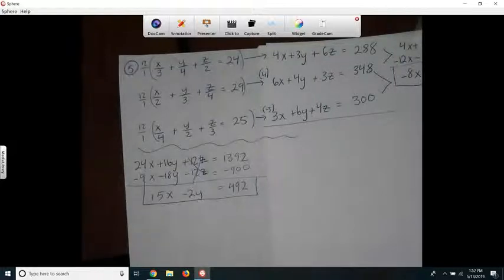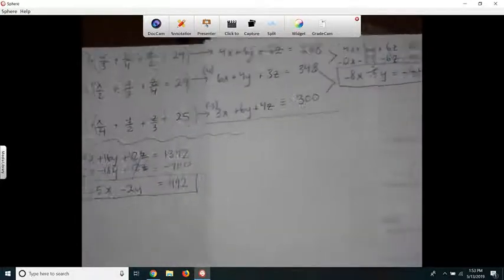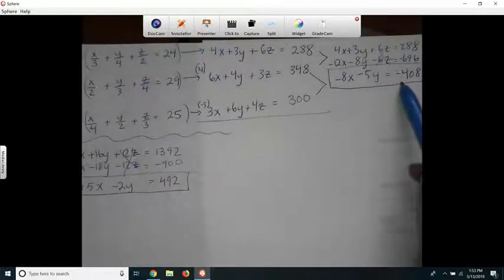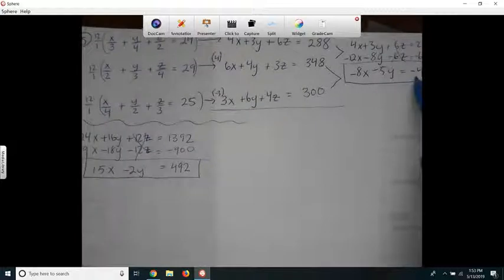So now I've got these. Here's one equation with 2 unknowns, and I got this other equation in 2 unknowns. I'm going to take this one and write it right underneath here.